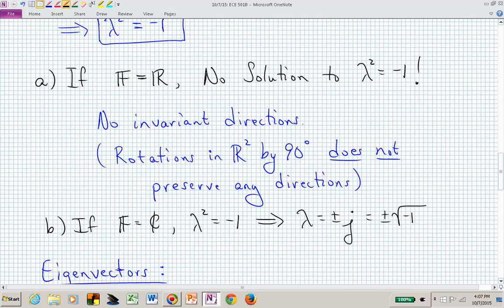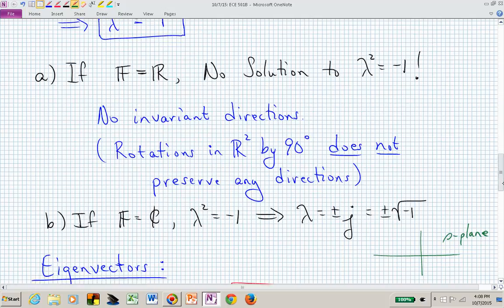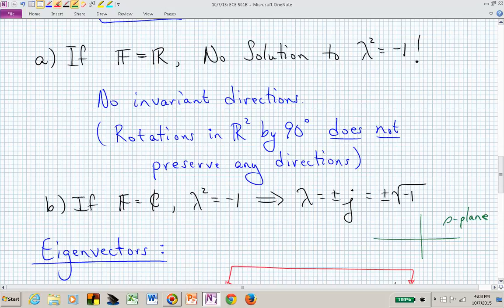And the visual that I want you to think about is, well, another class: let's say that I now have a complex plane, and typically that might be the S-plane if you were doing Laplace transforms. Now my poles, or eigenvalues, are at minus j and plus j.